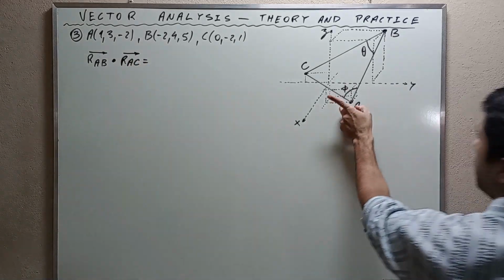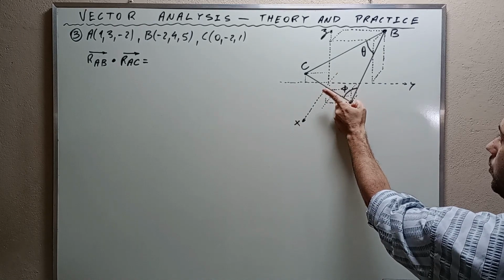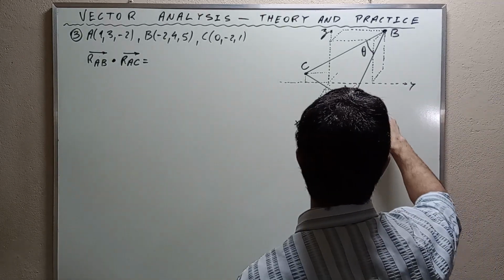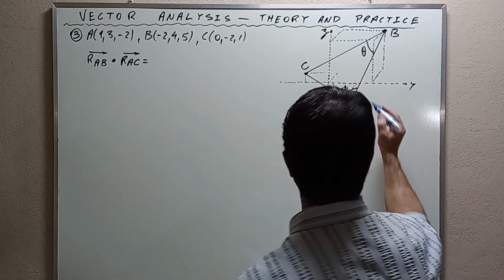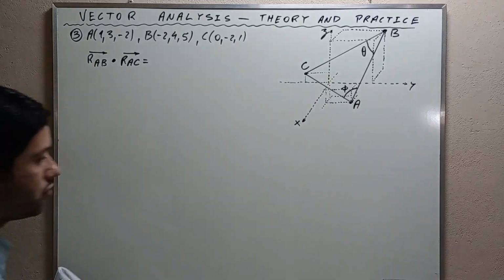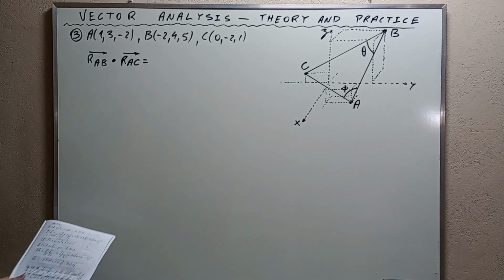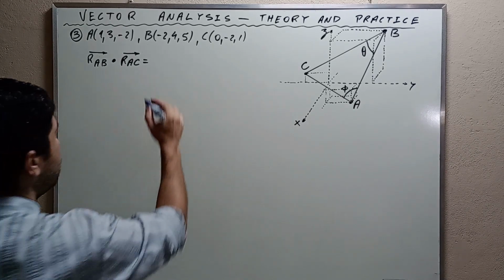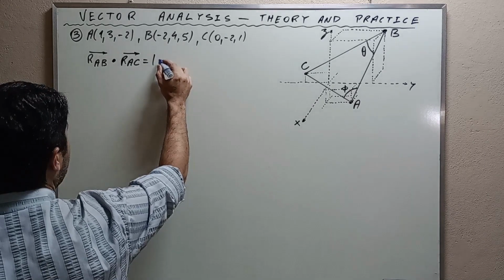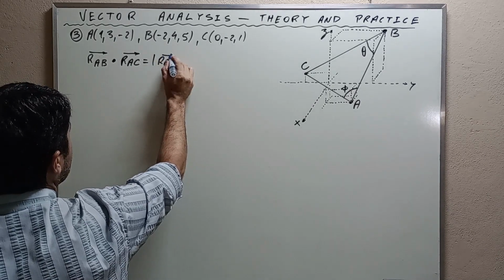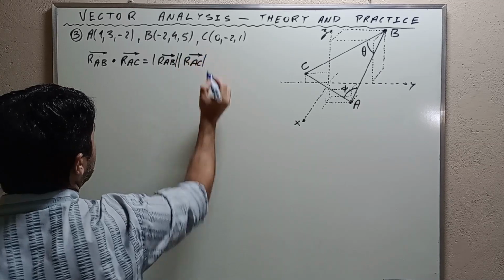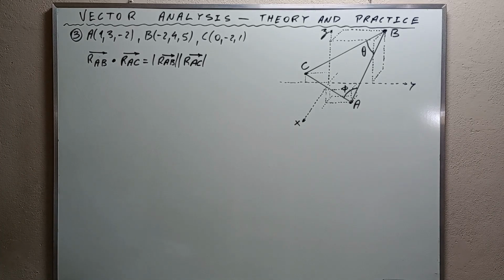RAC is the vector in this direction here, pointing from A to C. And in accordance with the definition of the dot product between these two vectors will be the magnitude of RAB times the magnitude of RAC times the cosine of the angle between them.